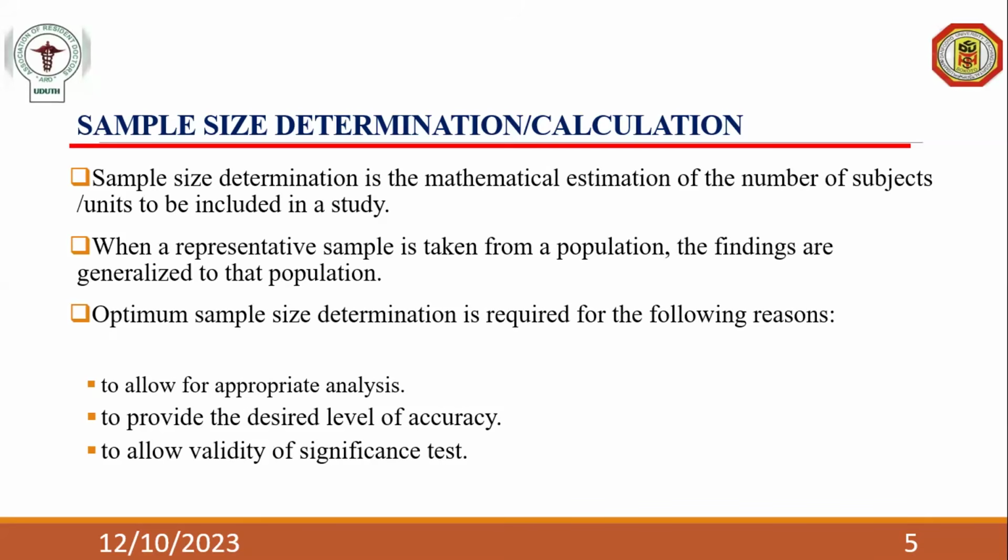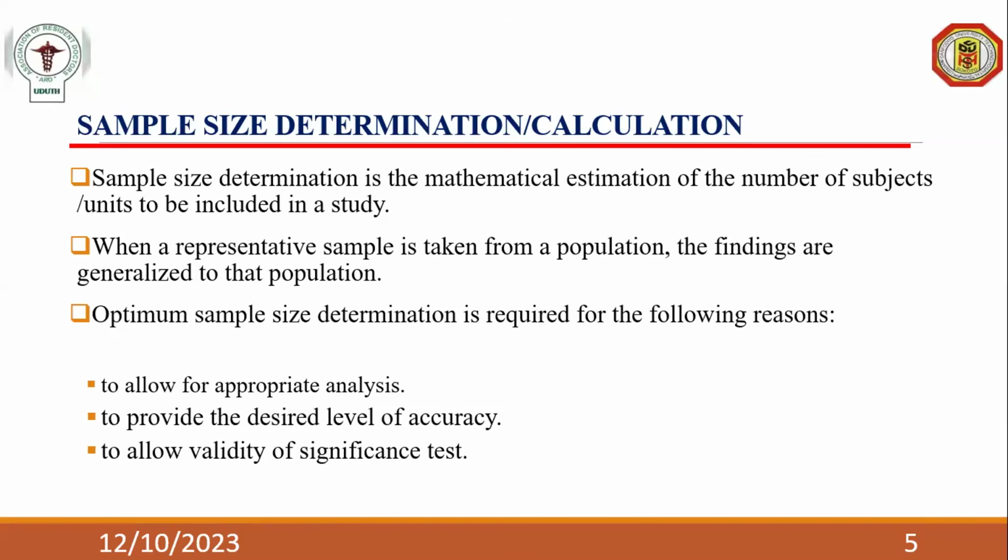But if you use the right formula, the right method of selecting your sample size, then you can generalize your findings to the whole population, and that is valid. It means your study has external validity.